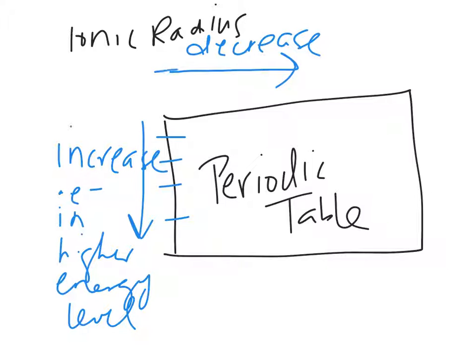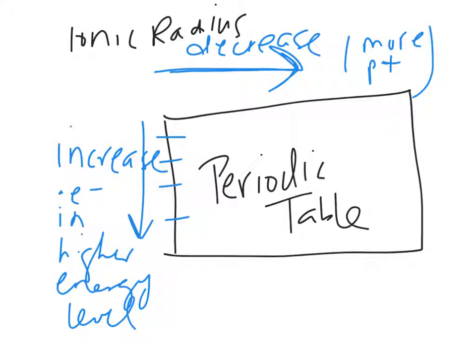As we go from left to right on the periodic table, we also know we are increasing the atomic number. So as we go from left to right, we are increasing the number of protons in the nucleus. So you can imagine that the more protons you have, the more positive charge you have to pull those negatively charged electrons in closer to the nucleus.